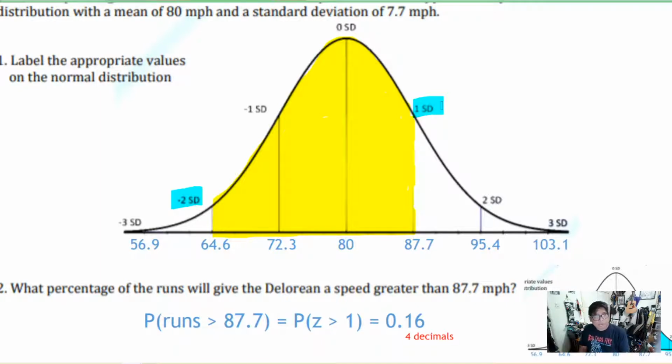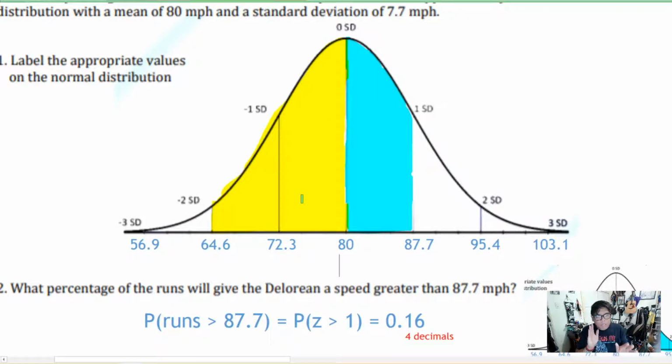But because these are different, -2 and +1, I can't really use that method. So if that happens, and I have a positive standard deviation and a negative standard deviation, I'll split up the area. So I'm splitting it up between parts of the area that are below the mean and parts of the area that are above the mean.